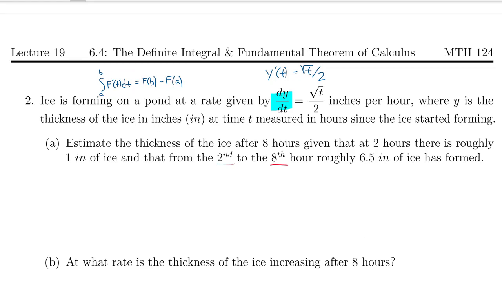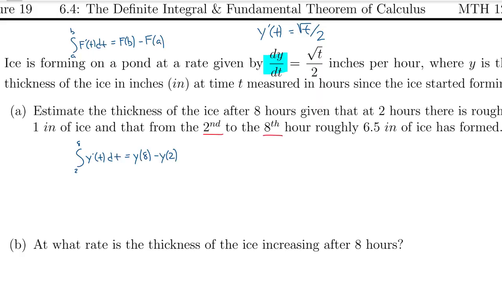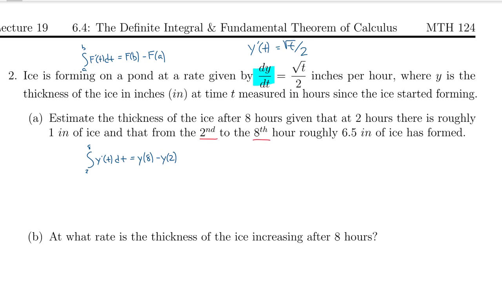And additionally, we know that at 2 hours, there's roughly 1 inch of ice. So the thickness of the ice is given by our function y, and the rate of change of that thickness is y prime. So given this information, it makes sense to choose our a and b to be 2 and 8. And of course our function is y and its derivative is y prime. So putting it all together, the fundamental theorem gives us this equation.